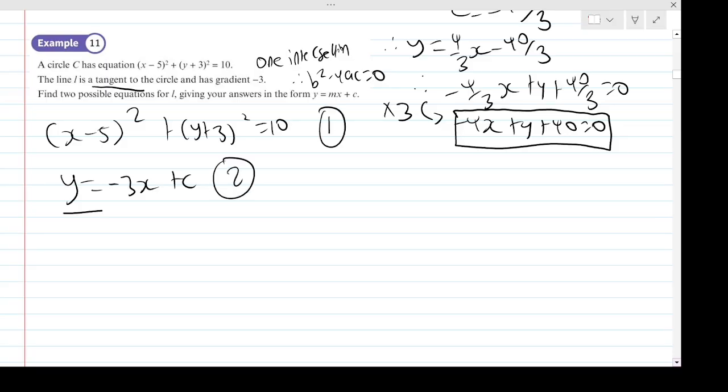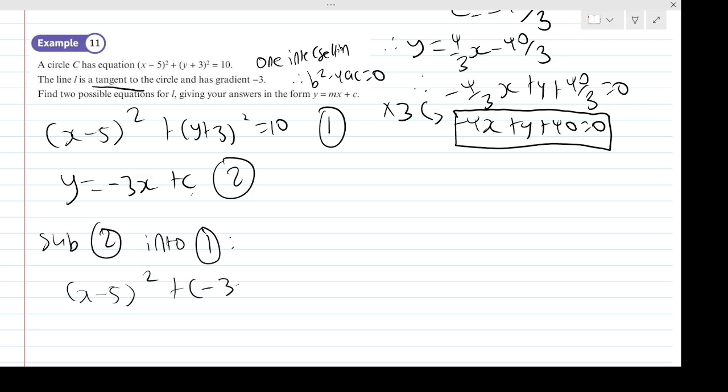We can substitute y here into y here to get a quadratic, which we can then use the discriminant on to find the values that we need. So I'm going to sub 2 into equation 1 to get (x minus 5) squared plus (minus 3x plus c plus 3) all squared equals 10.